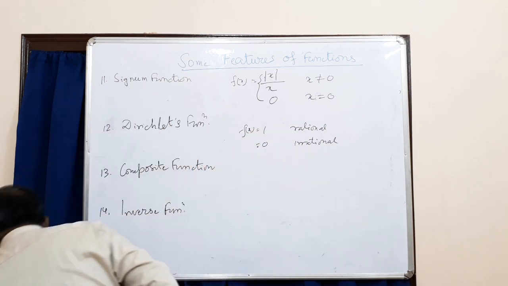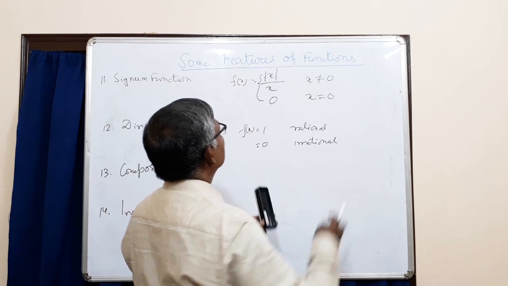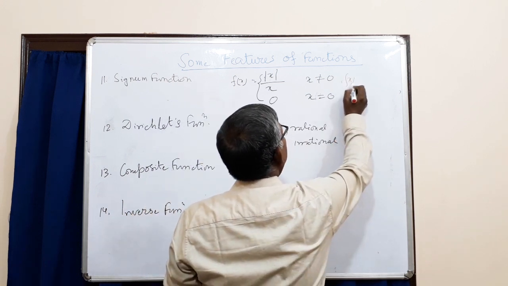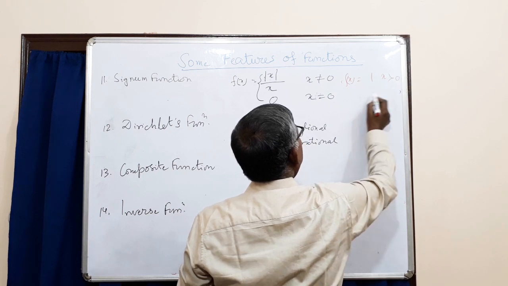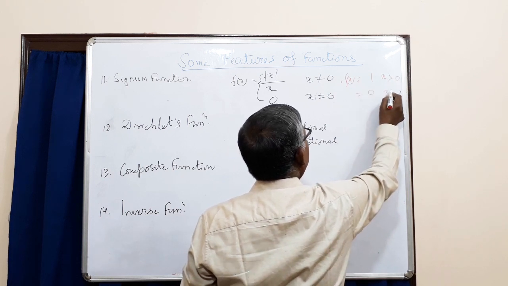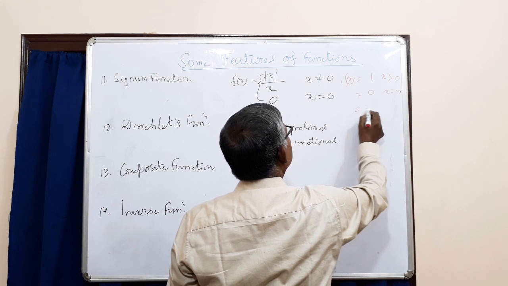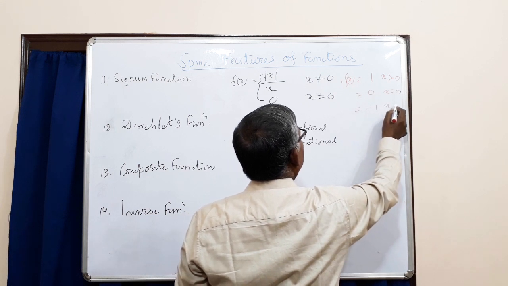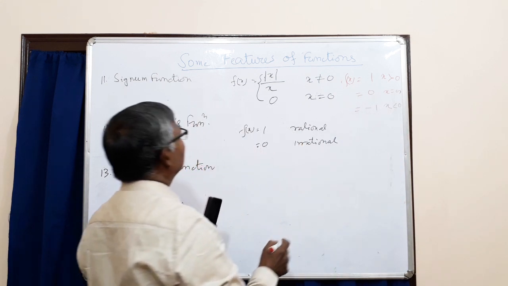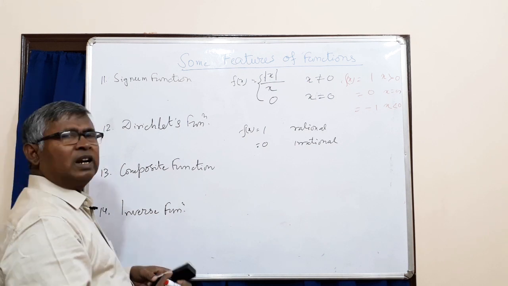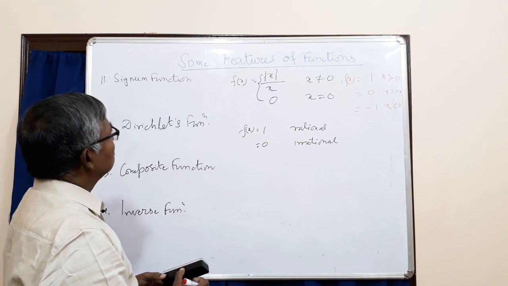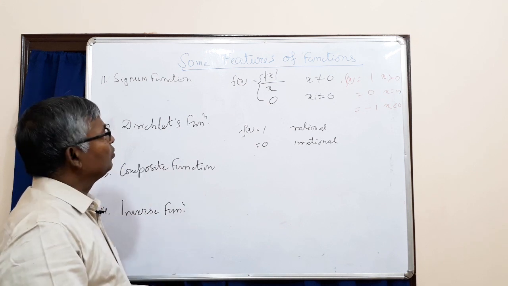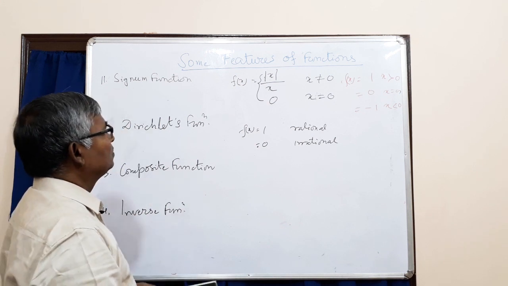It can be written in other ways. f x equals 1 when x is greater than 0, equals 0 when x equals 0, and equals minus 1 when x is less than 0. In higher studies you will meet it, so you must know this type of function.